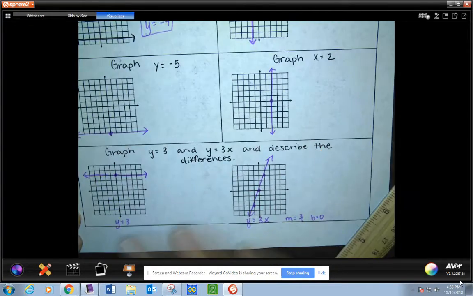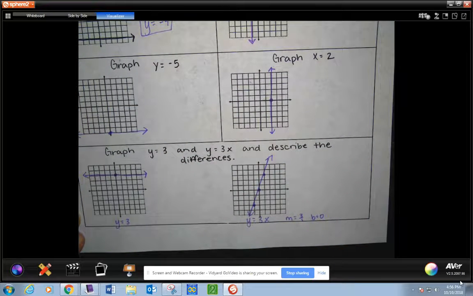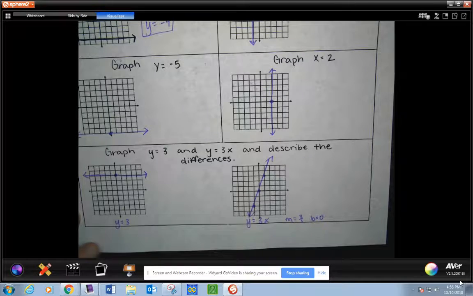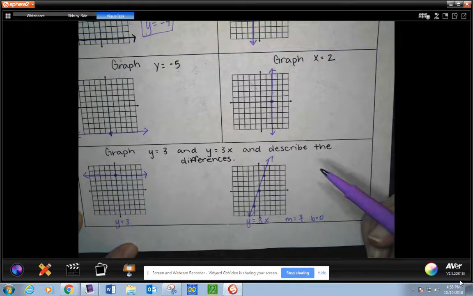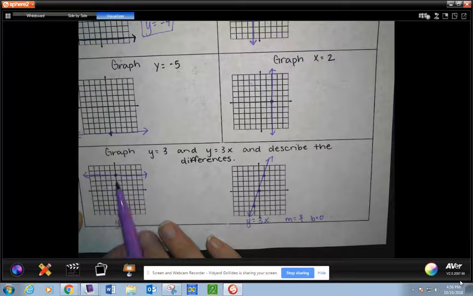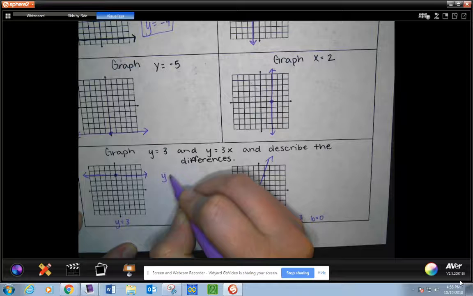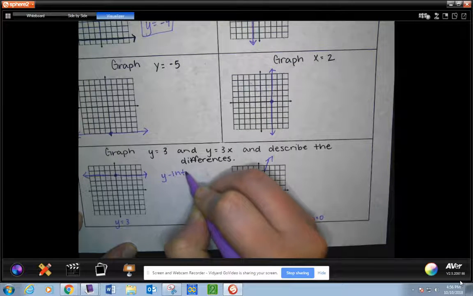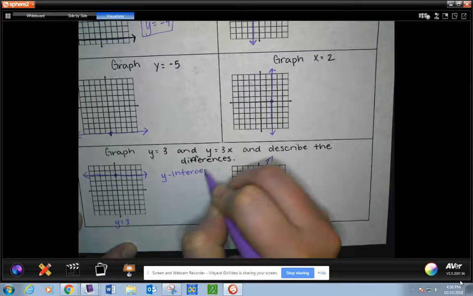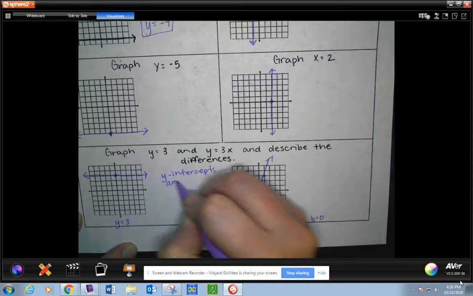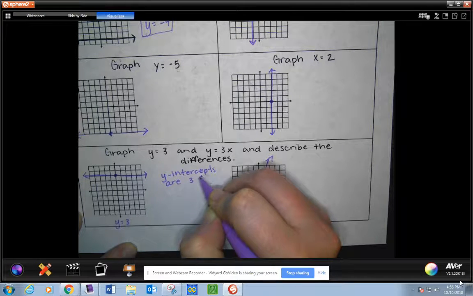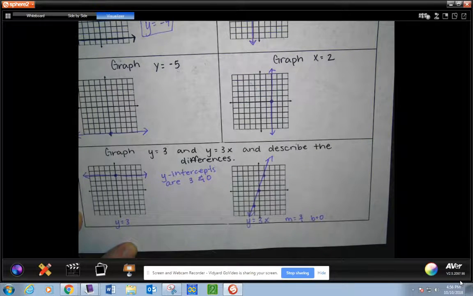Okay, so there's the 2 differences. Now, describe the differences of the graph. Well, first off, the y-intercepts are different. This one has a y-intercept of 3, and this one has a y-intercept of 0. So I'm going to put y-intercepts. Those are 2 differences that I have.